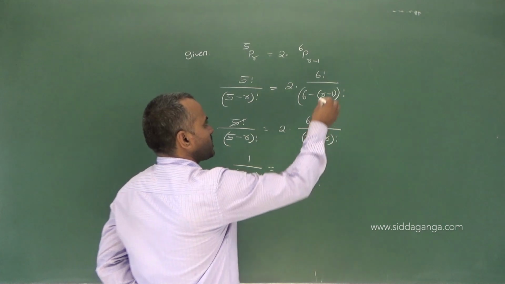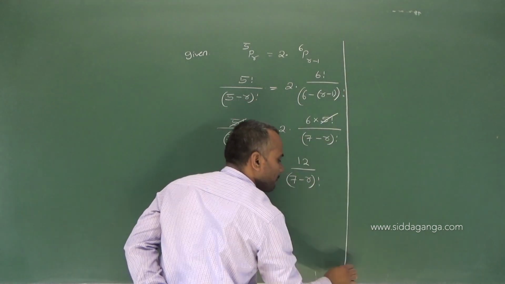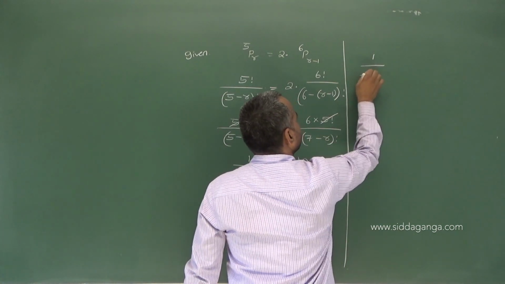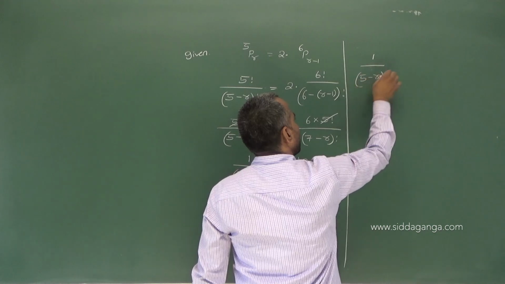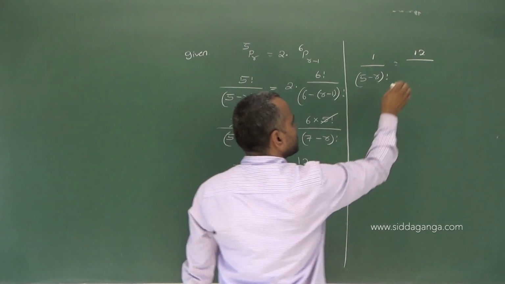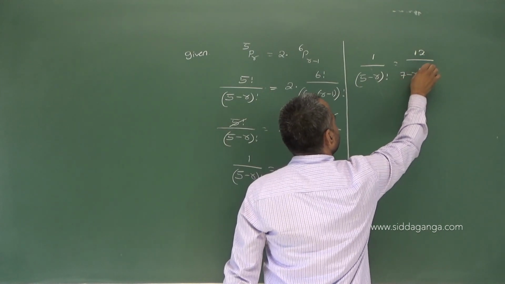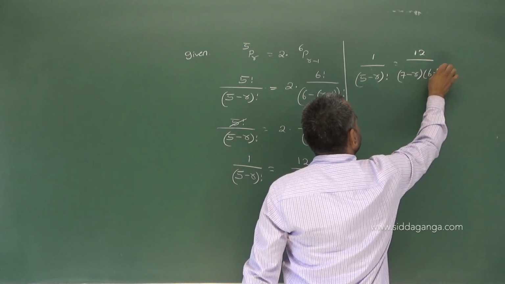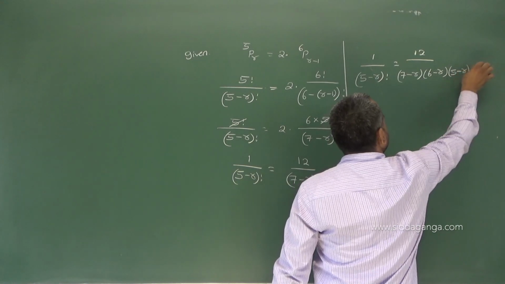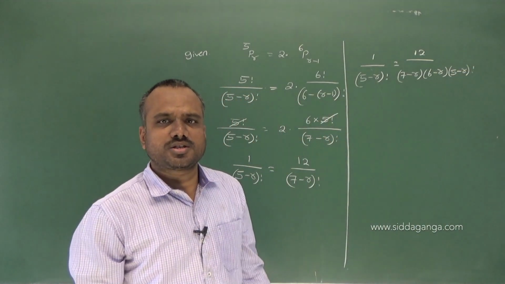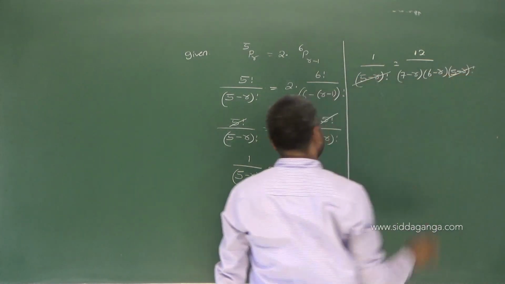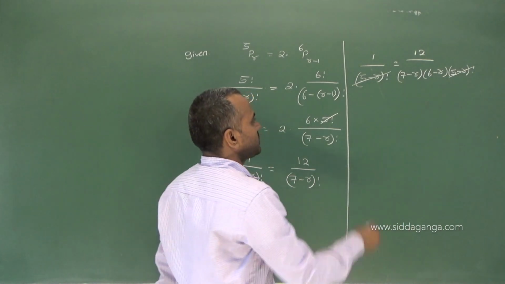So this we can write as 1 divided by (5-r) factorial as it is, and 12 divided by (7-r) factorial I can write as (7-r)(6-r) into (5-r) factorial. (5-r) factorial gets cancelled.